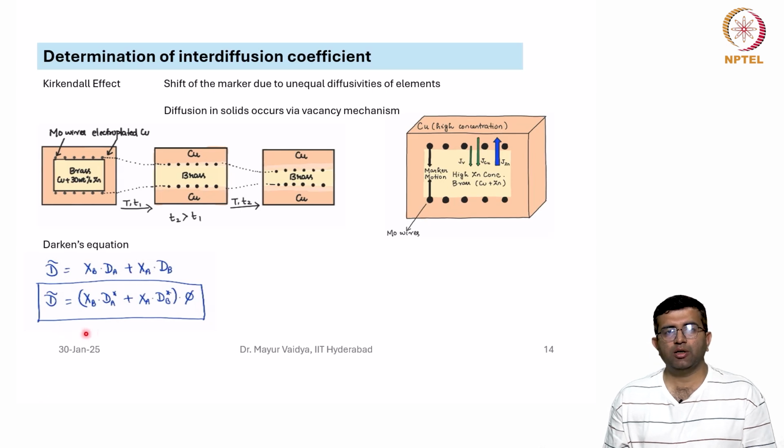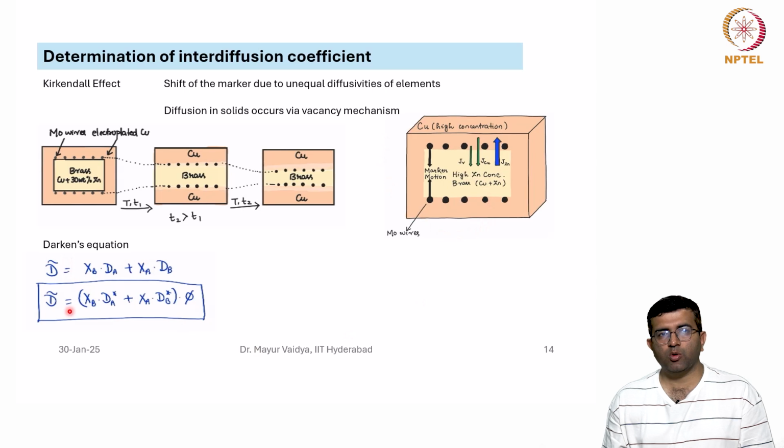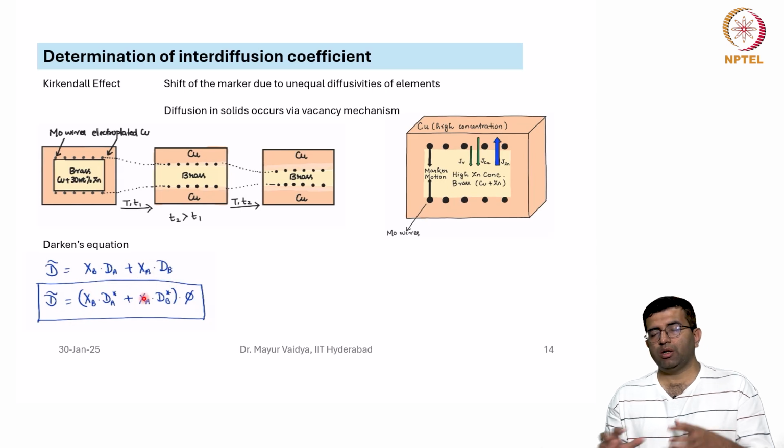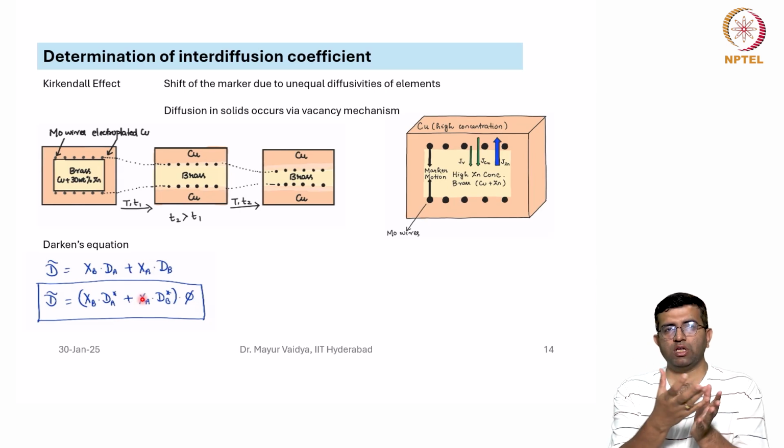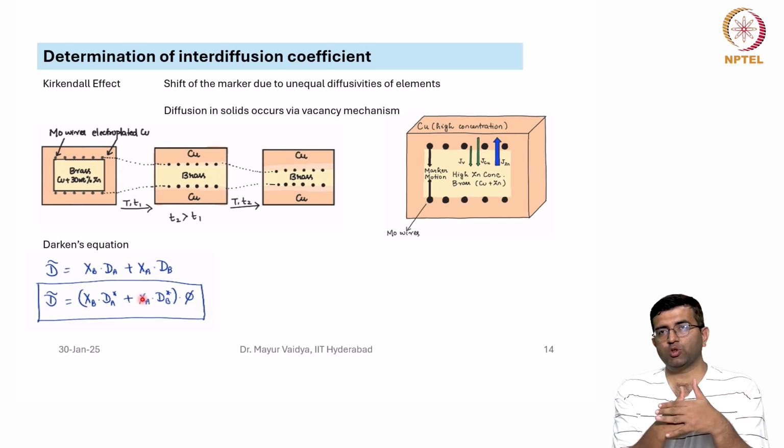And then we saw that Kirkendall's experiment was analyzed further by Darken, and Darken's equation gave the interdiffusion coefficient as xB into DA plus xA into DB, where DA and DB are the intrinsic diffusion coefficients. Intrinsic diffusion coefficients are the diffusivities of A and B when a driving force is present.